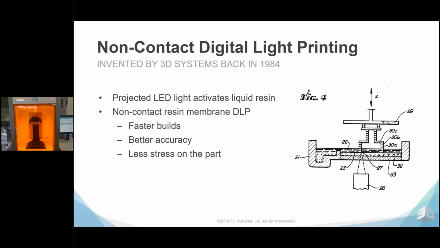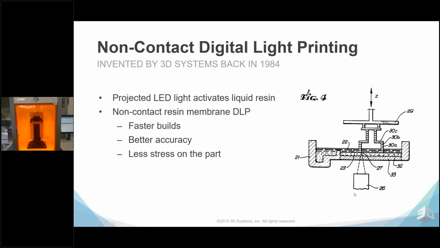And if you look at his diagram over here, Chuck Hall, by the way, is involved with this whole Figure 4, and he's still inventing and part of the 3D Systems innovating technology team. So if you look at the figure here, 21 is the reservoir material, and then over here is your material vat of liquid, and then this is the build platform, and this is your part here. The part actually will build upside down, and down below here is your light projector.